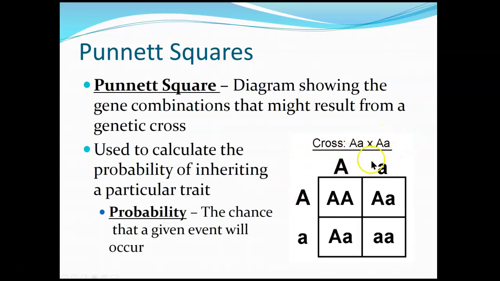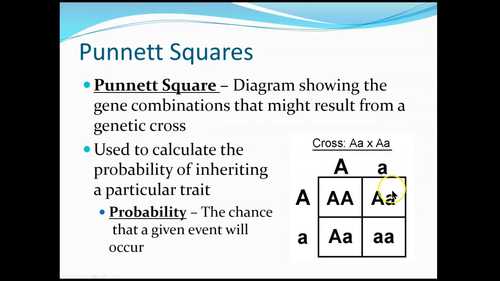So we have capital A, lowercase a, capital A, lowercase a. And how you do this is you just bring this down through these boxes. So this will go here: capital A, capital A, capital A, capital A.